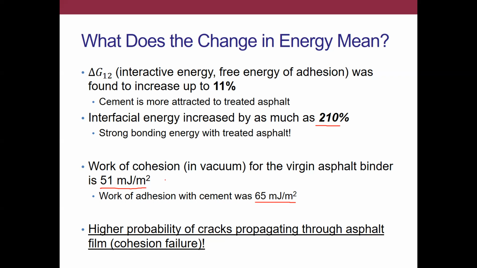In other words, even though we improved the adhesion energy between cement and asphalt, it still takes less energy to split the asphalt apart. So your cracks are always going to propagate through the asphalt film and not through your ITZ or your cement.